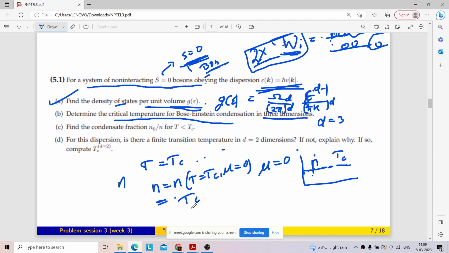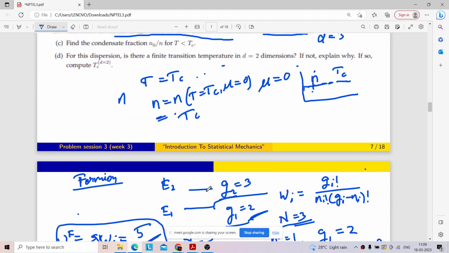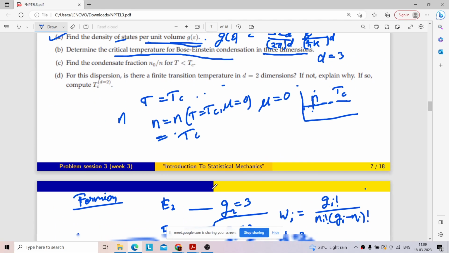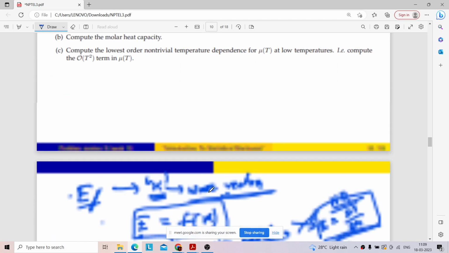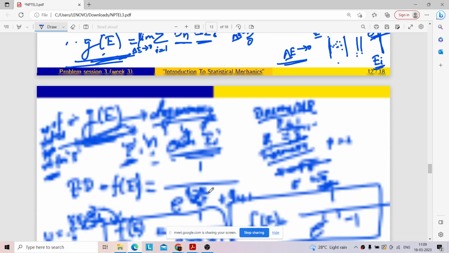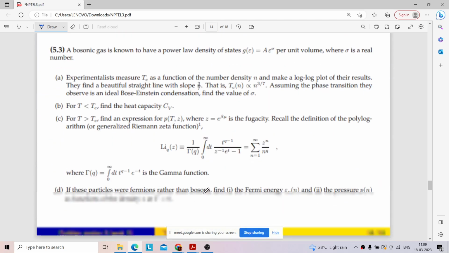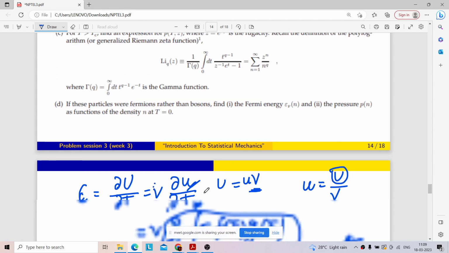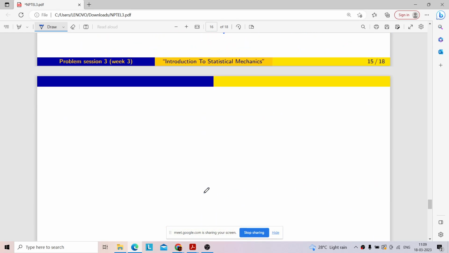Let's check, for Nc we have a formula. So we have a formula for number of states per volume.